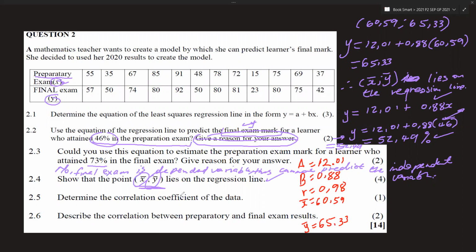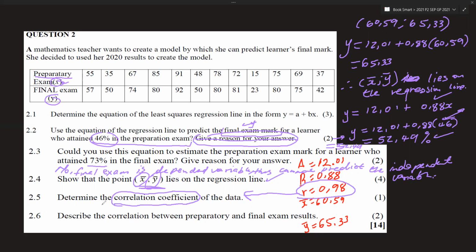Determine the coefficient of correlation of the data. So the correlation coefficient of the data is R. R is the correlation coefficient. It tells you the relationship, how related the X and Y are. Here I can see that this is very close to +1.